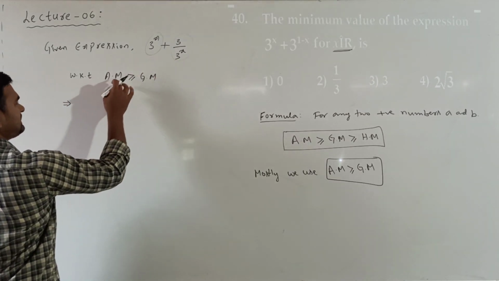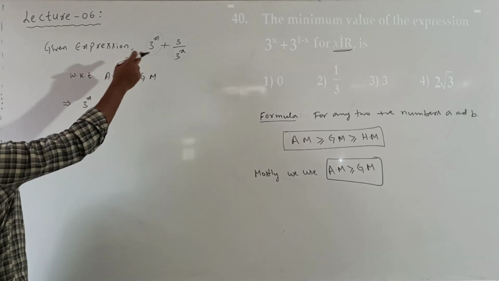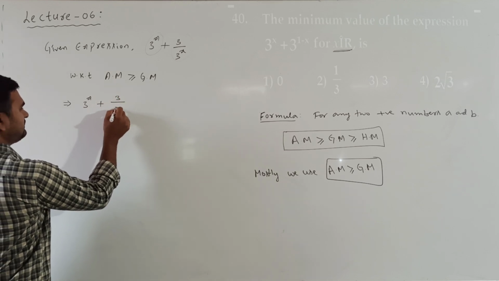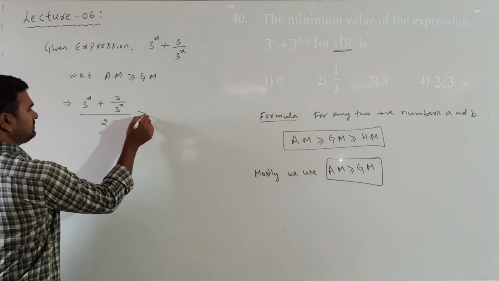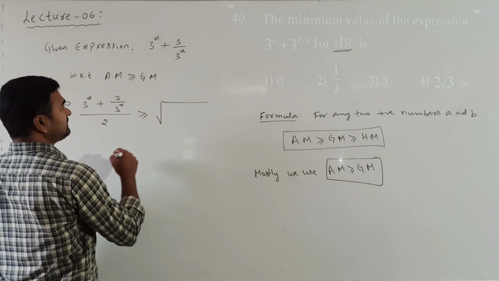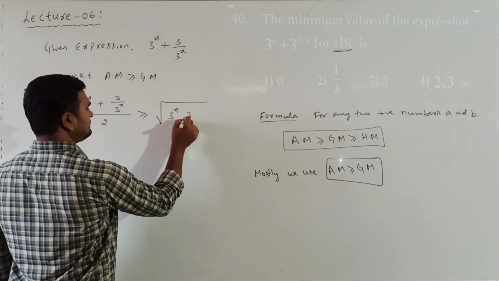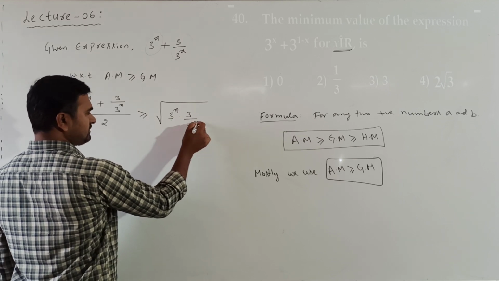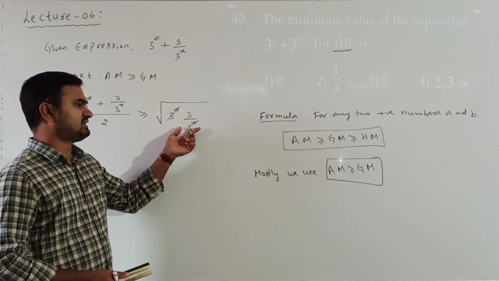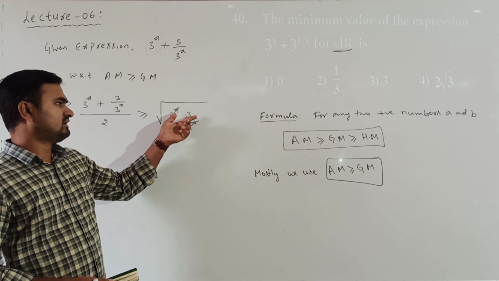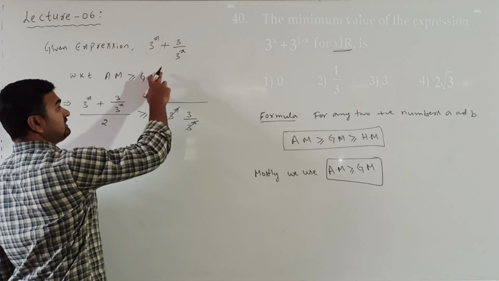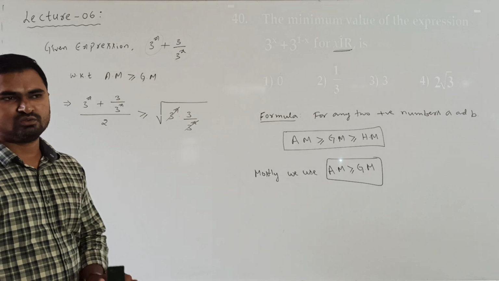The arithmetic mean is a plus b by 2, so 3 power x plus 3 divided by 3 power x, divided by 2, is greater than or equal to the GM, which is the square root of ab, that is 3 power x into 3 by 3 power x. Now this 3 power x gets cancelled. That is why I said we should have a term and its reciprocal, so that it gets cancelled and the variable is eliminated, and we get a constant. So remember, when a term and its reciprocal are given, better we use the formula AM greater than or equal to GM.